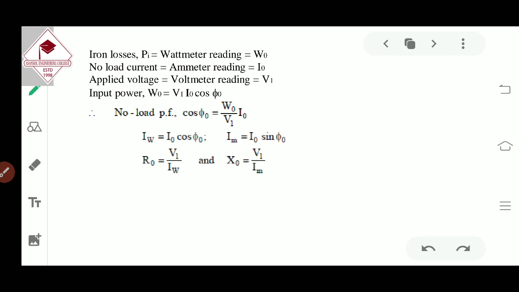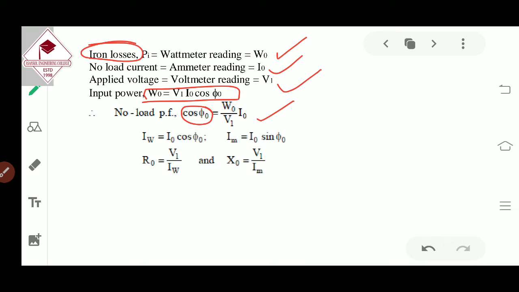See here, from the wattmeter reading we know this W0 reading, which is actually iron loss. No load current is I0, applied voltage is equal to voltmeter reading, that is V1. So this is the formula for input power: W0 is equal to V1 I0 cos phi naught. From here we can easily find cos phi naught, which will be equal to W0 by V1 into I0.